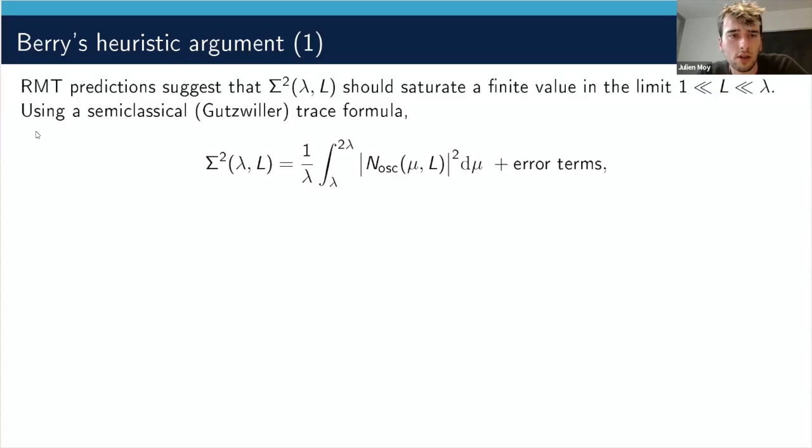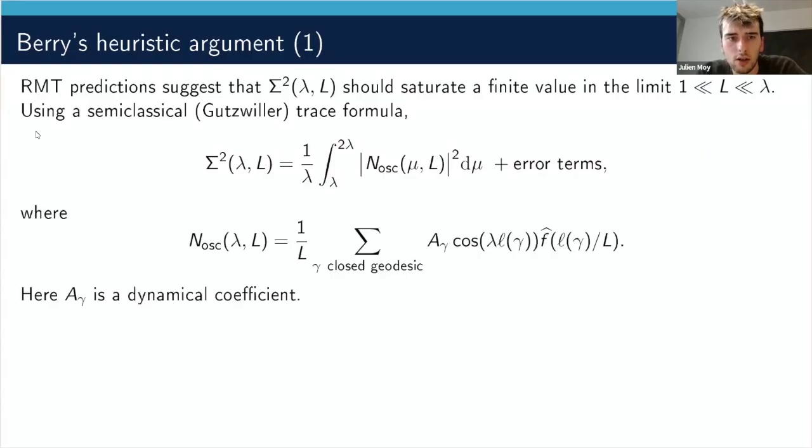What Berry did was use the semi-classical trace formula, called the Gutzwiller trace formula in the literature. Usually, people may be more familiar with the Selberg trace formula, which is an exact trace formula in constant curvature -1, that relates the eigenvalues of the Laplacian on a closed hyperbolic manifold to the set of lengths of closed geodesics of the manifold.